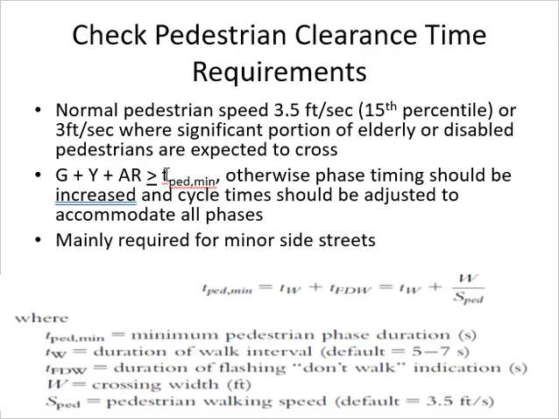So how do I calculate the time required by the pedestrian? This is the equation here. We have the pedestrian walking time. They have given us a range of 5 to 7 seconds. So for one pedestrian we are saying that he will cross the road in 5 to 7 seconds. Otherwise you can calculate the average time for pedestrians who walk. Then we have the flashing don't walk time.